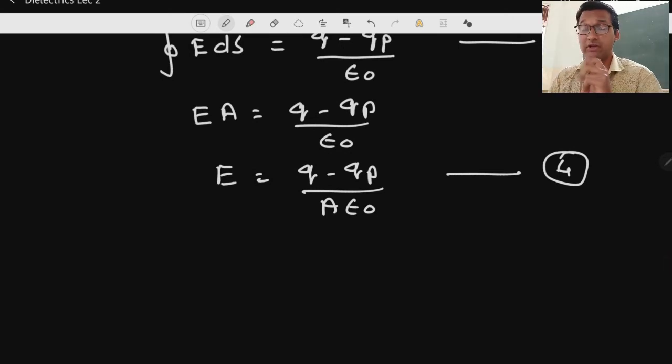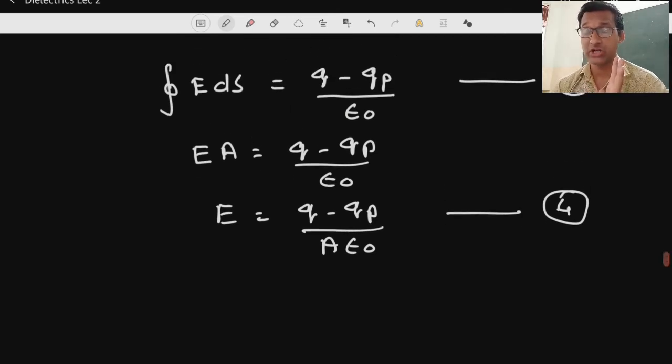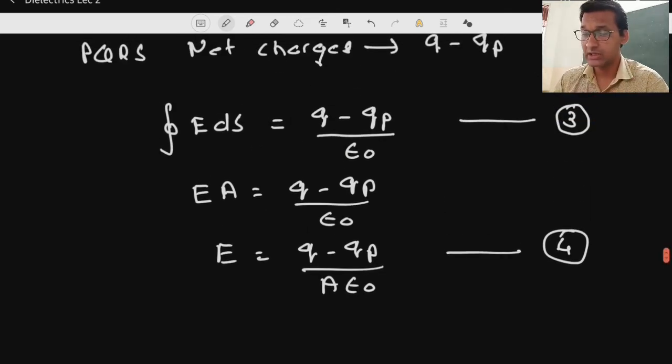So we have two equations now. One is for the electric field in the absence of a dielectric, and one is for the electric field in the presence of a dielectric medium. Now what we want is the Gauss law in terms of free charges. As you can see, the Gauss law in the presence of a dielectric includes the free charges as well as polarization charges.